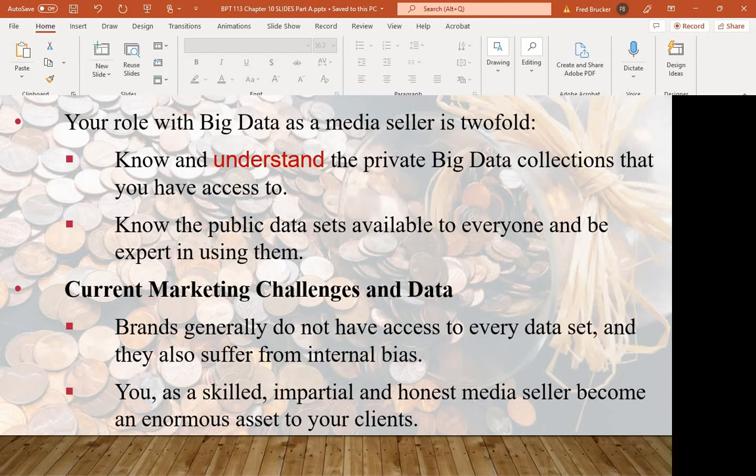Some current marketing challenges when it comes to data. Brands generally do not have access to every data set, and they also suffer from internal bias. We're always going to look at ourselves or at least put ourselves out there in the best possible light that we can.